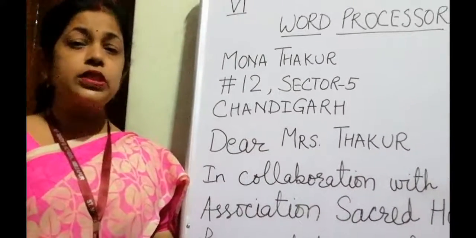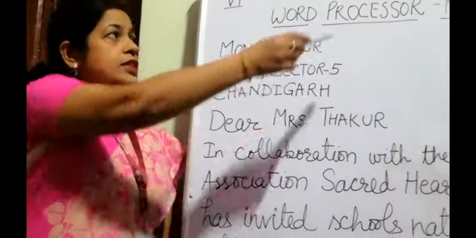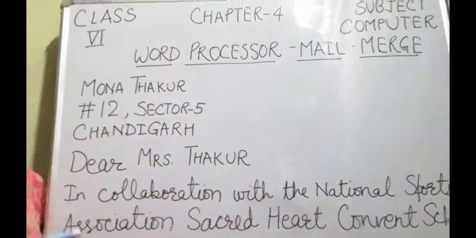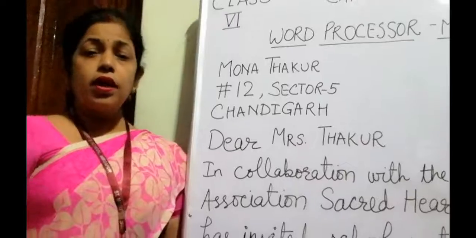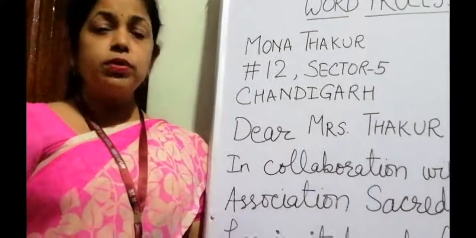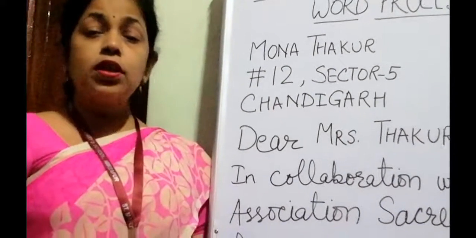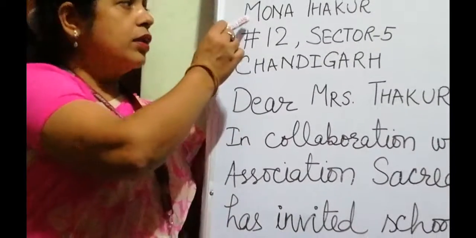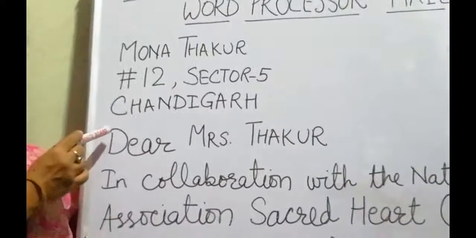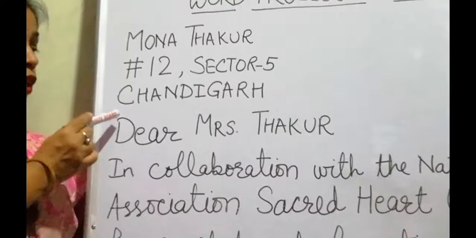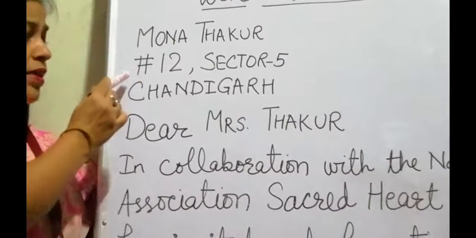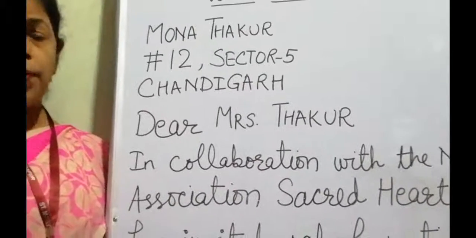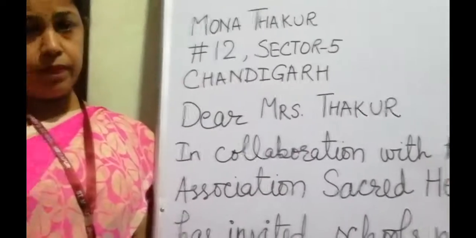Today I am going to start a new lesson, that is chapter 4, word processor mail merge. In business or in the official world, we need to send similar information to many people, and these letters require their name and address at the top. If we type the name and address each time, it will be a tedious job and it will take lots of time.